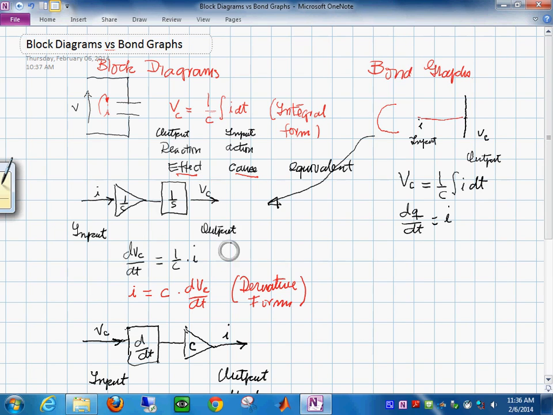But in Simulink you use this notation, and this notation is understood by CAMG. So you draw this in Simulink or in CAMG, but both mean the same thing.